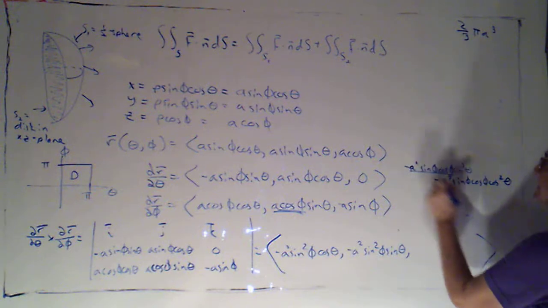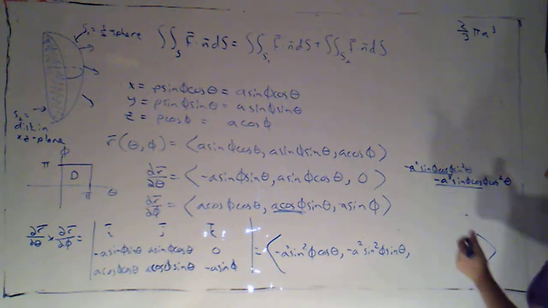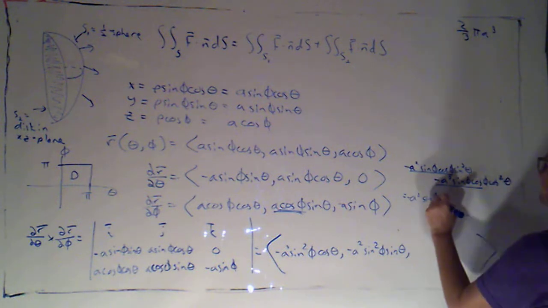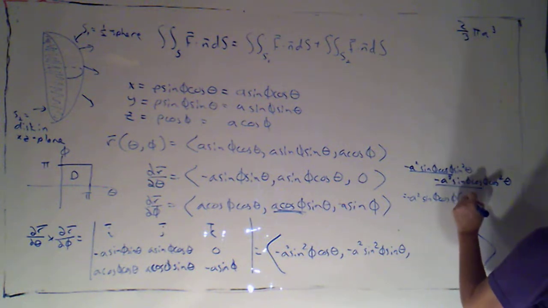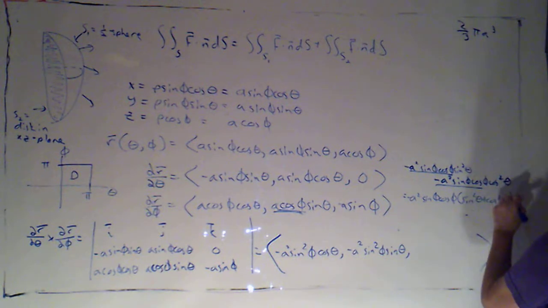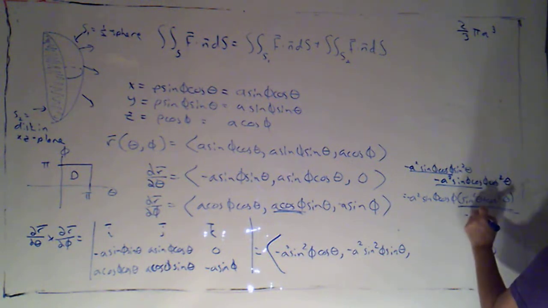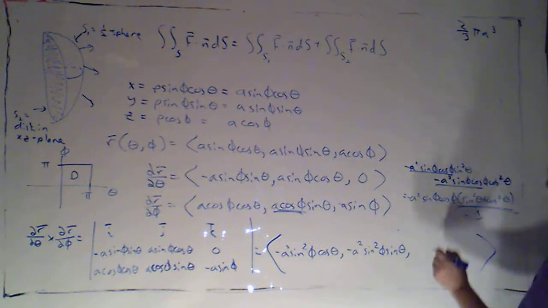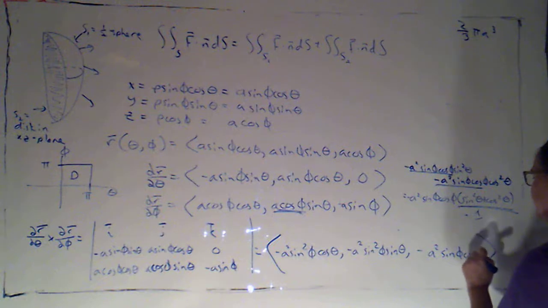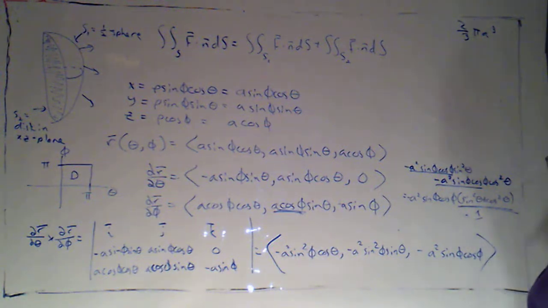Both terms contain this a squared sine phi cosine phi, so I can say that's negative a squared sine phi cosine phi times sine squared theta plus cosine squared theta. But this right here, that's just 1. So my third component is just negative a squared sine phi cosine phi.